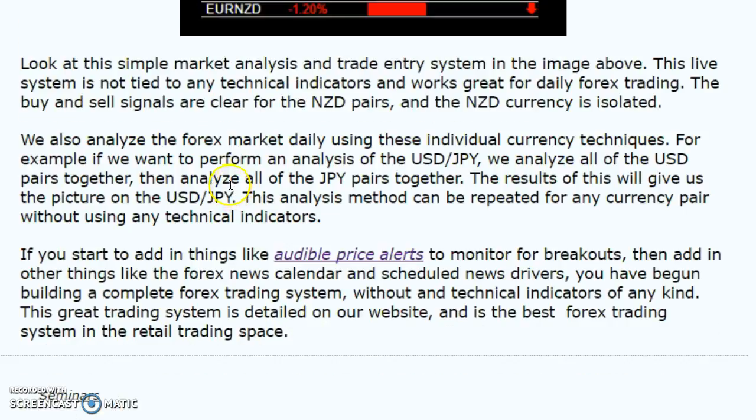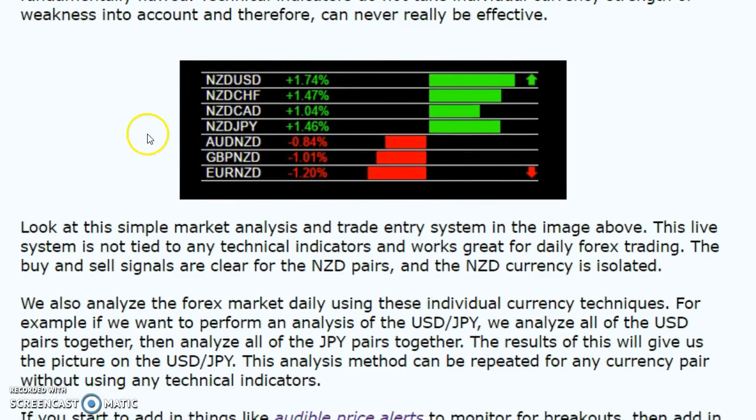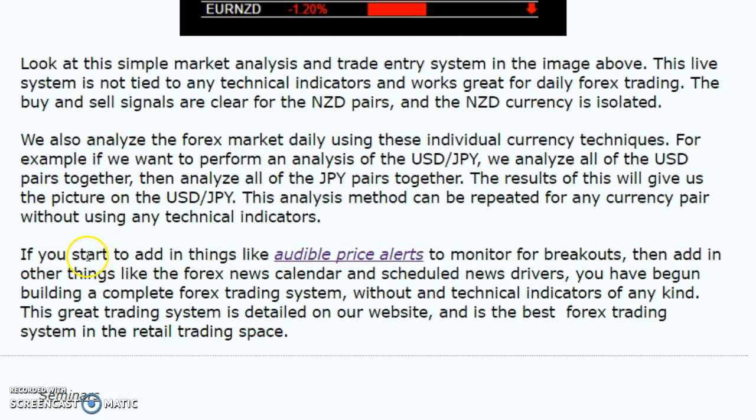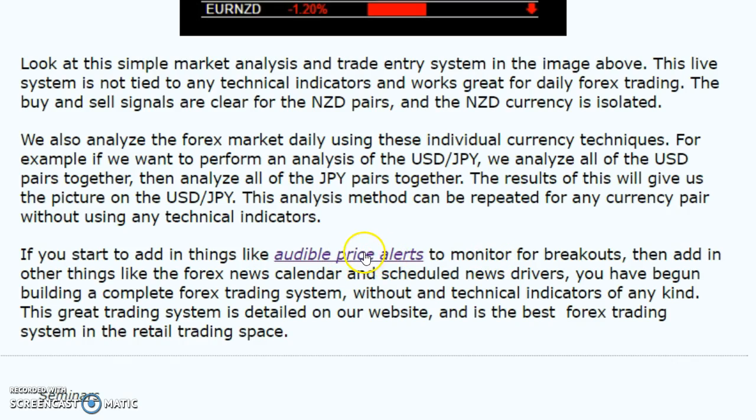So what we do is we take simple concepts like this, and we eliminate the use of technical indicators. You can start adding in things like price alerts, audible price alerts. We'll show you how to set those up right here with a little video, so you can monitor the market for price breakouts.